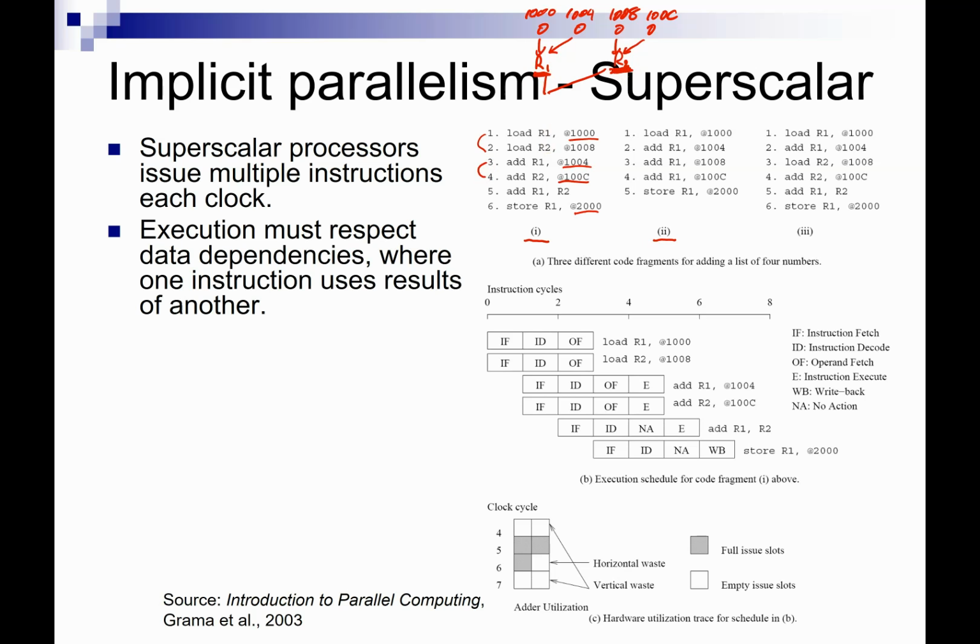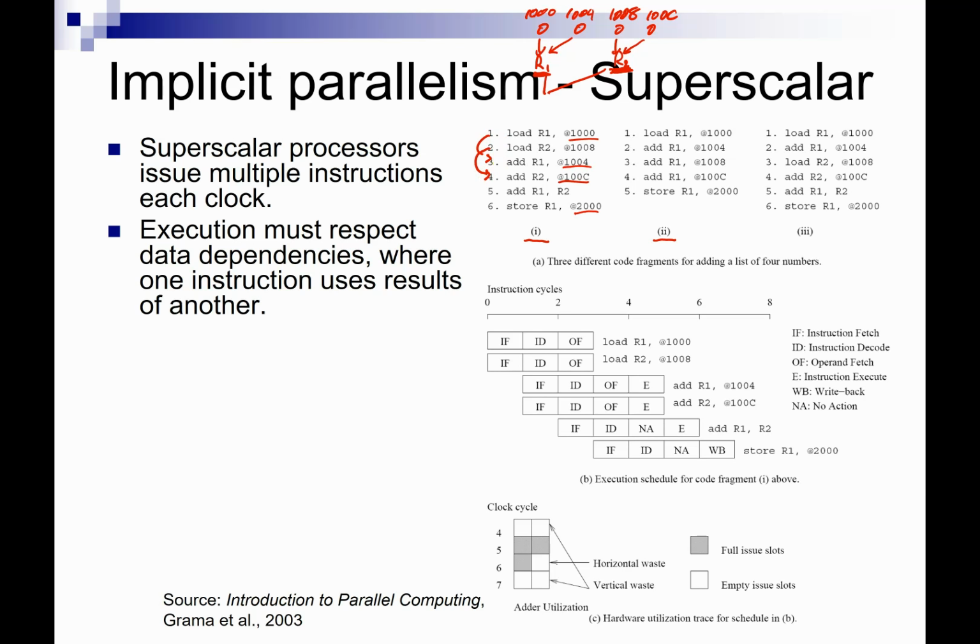The only dependency is, for example, that we have to do 3 after 1. Let me indicate that this way. Likewise, you have to do 4 after 2. But again, there's no dependency between 1 and 2, or 3 and 4. You can do them in either order.